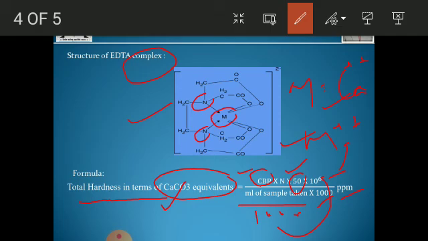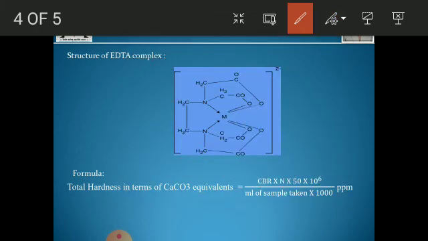So 1000 times 1000 is 10 raised to 6, and that converts the answer into ppm. So the formula is: total hardness in terms of calcium carbonate equivalents equals CBR into normality into 50 into 10 raised to 6, divided by ml of sample taken into 1000, in ppm.